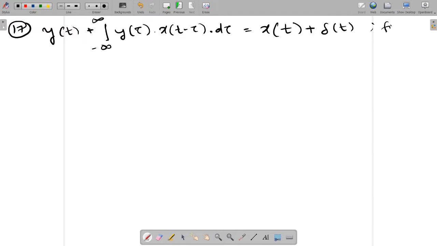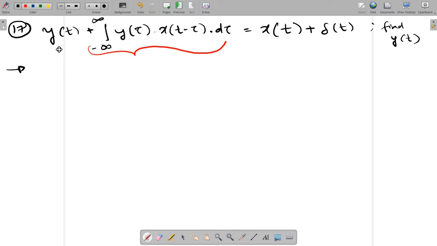You have to find y of t. Yeah, first thing, what does this thing look like? This is the formula of your convolution, okay, of your time domain continuous time convolution.